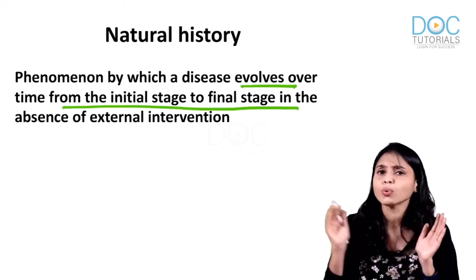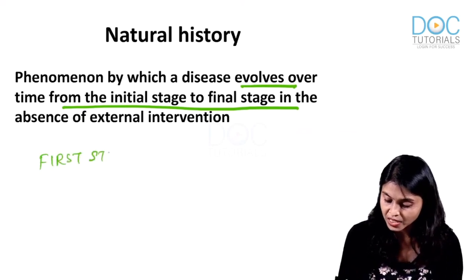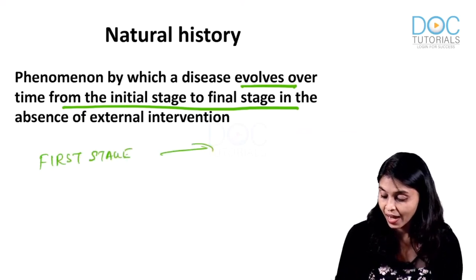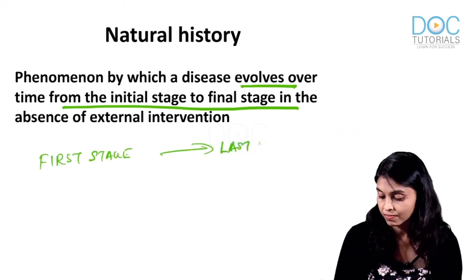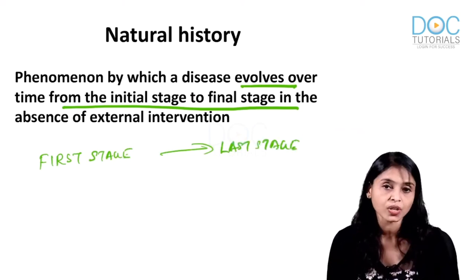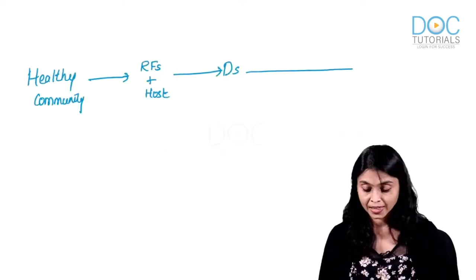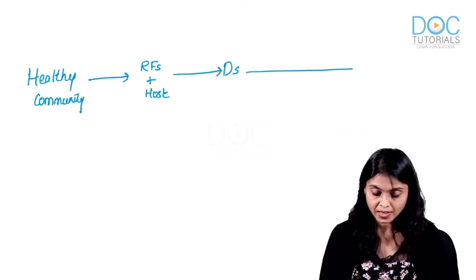That means if you don't do anything from outside, how a disease develops from its first stage till the last stage. Okay, this is the natural history of a disease. Are you with me? Now let's see how the natural history of a disease usually is.